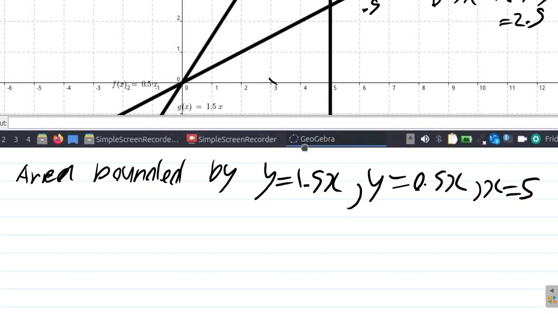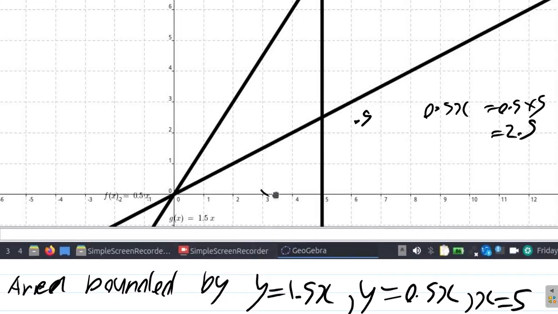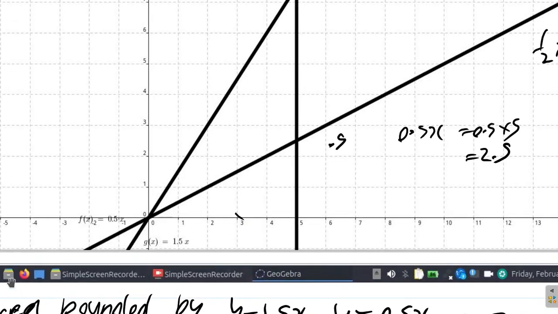So how do we do that? Well, we see that if we take some squares and stack them up from floor to ceiling, we'll be going upwards from where to where. That's the thing. It is from y equals 0.5x to y equals what? 1.5x.